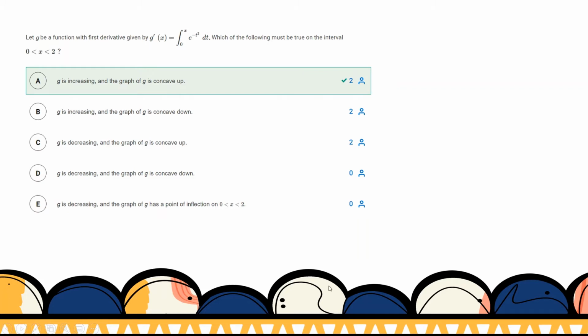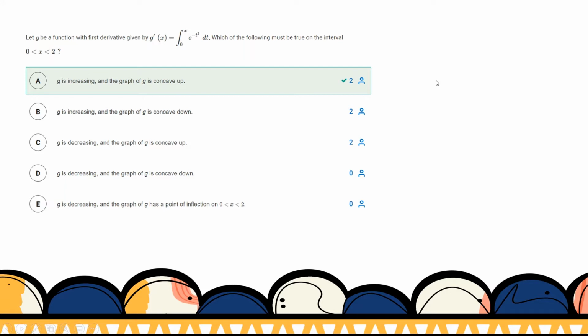The next question says, let g be a function with the first derivative given by g prime of x equals the integral from 0 to x of e to the minus t squared dt. It says, which of the following must be true on the interval from 0 to 2?